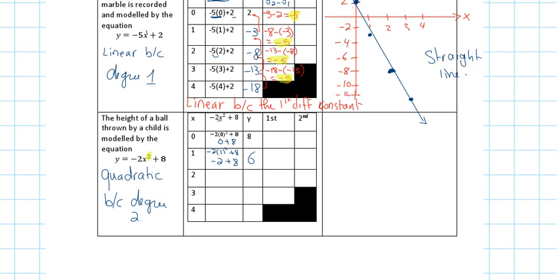It's very important that you understand which one you do first. You can enter all of this in the calculator and it should give you the right answer if you enter it properly. But you also have to understand what you need to do if you don't have a calculator. So I have to do 2 squared first. That gives me 4. 4 times negative 2 is negative 8, plus 8 gives me 0.